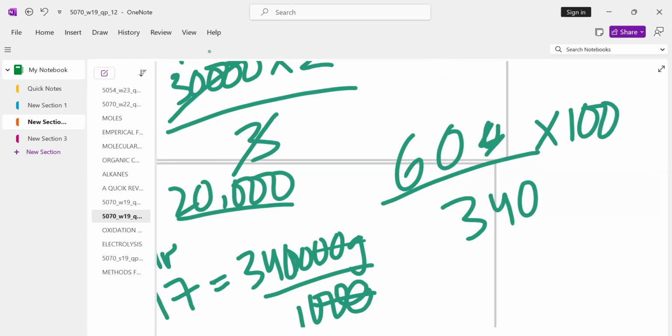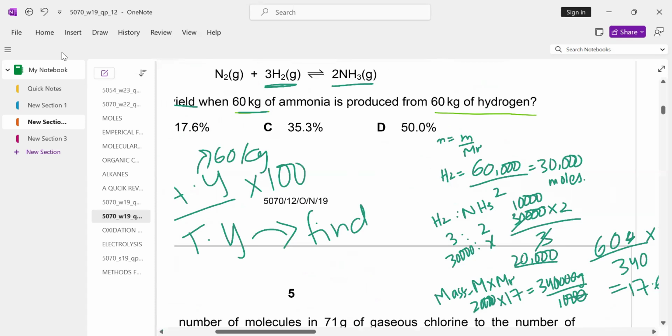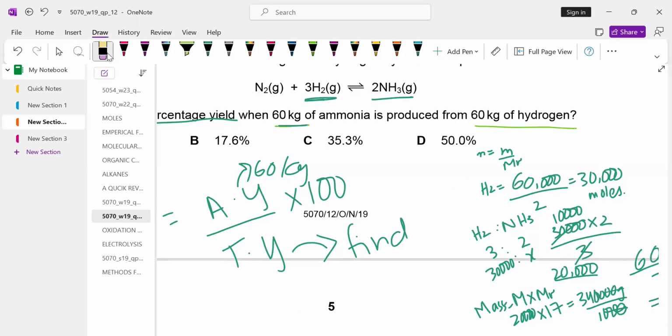Let's put this value in the calculator: 60 divided by 340 into 100. It gives 17.6. Let's check out the options. So 17.6, option B is correct for this question.